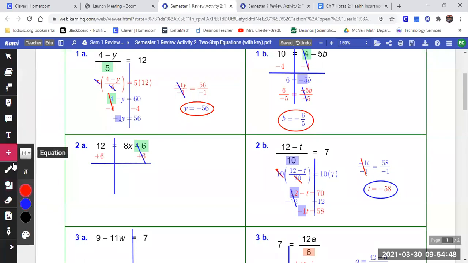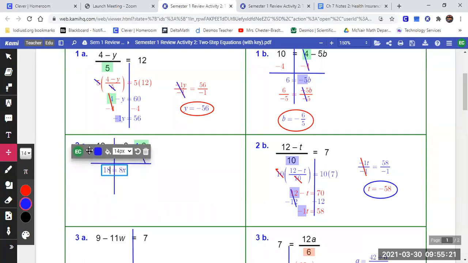Okay, what's the left side say? 18. What's the right side say? 18 is going to equal what? 8x. Exactly.